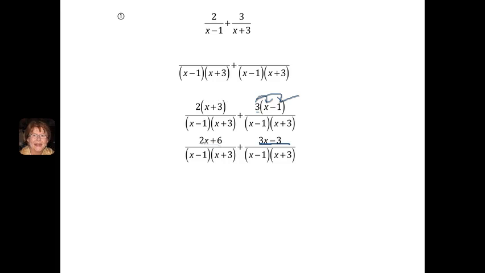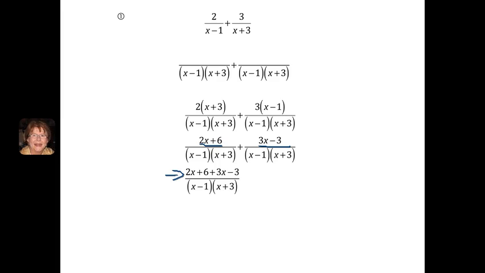I have a lowest common denominator. I've simplified my numerators using the rules of algebra. Now I can go ahead and add. I can add 2x plus 6 plus 3x minus 3.